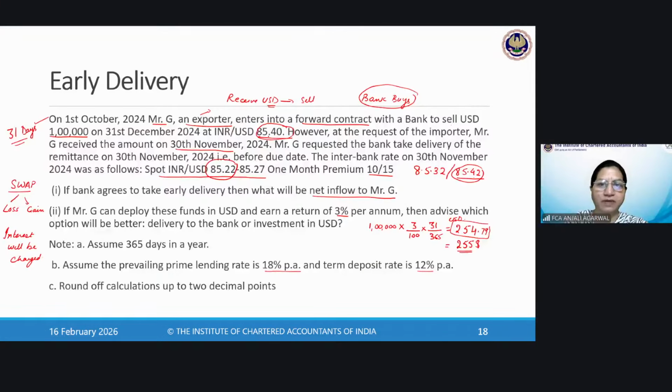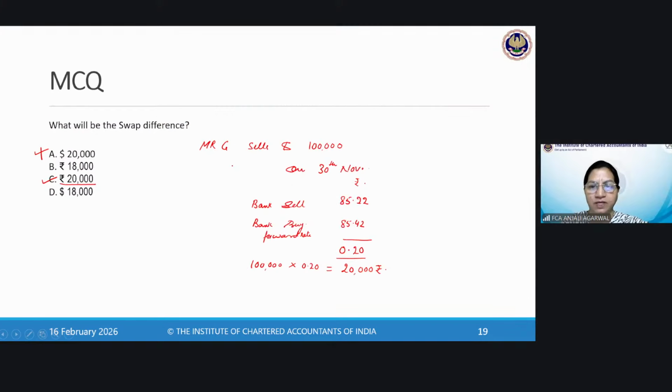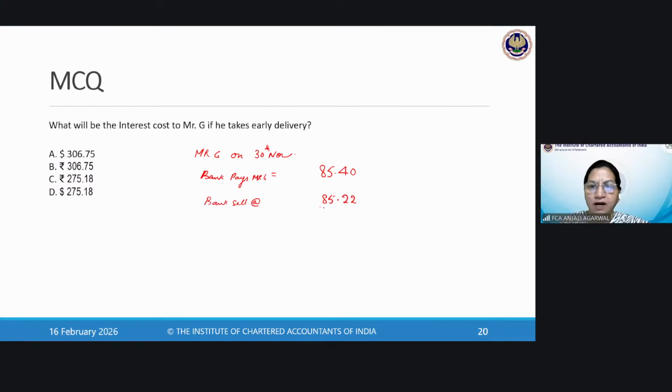So bank will pay Mr. G 85.40 and bank will sell in the market at 85.22. So this will be a loss to the bank and outflow of funds from bank's pocket at the rate of 0.18. Total outflow unexpectedly by the bank, 100,000 into 0.18, which is 18,000.